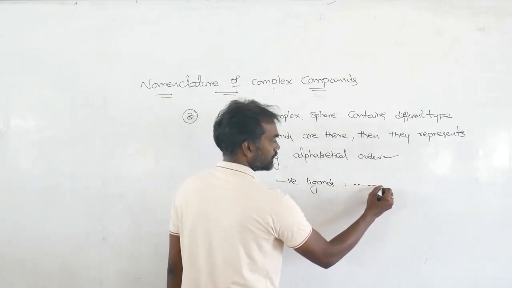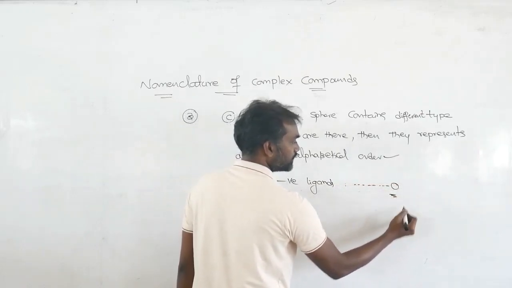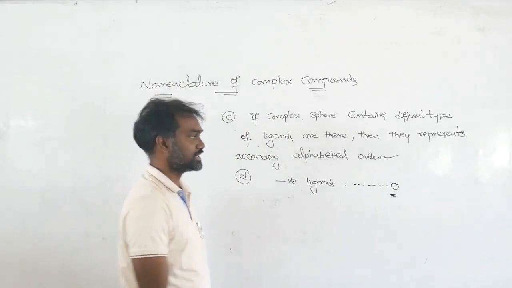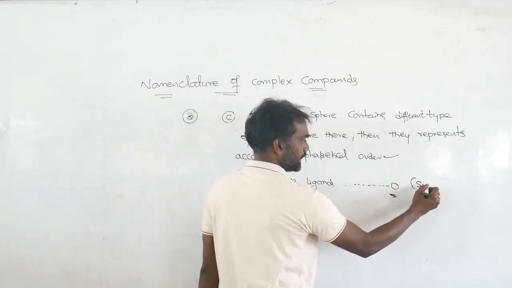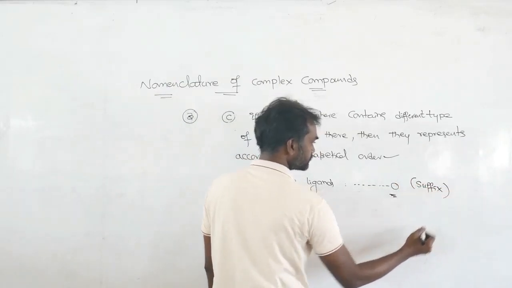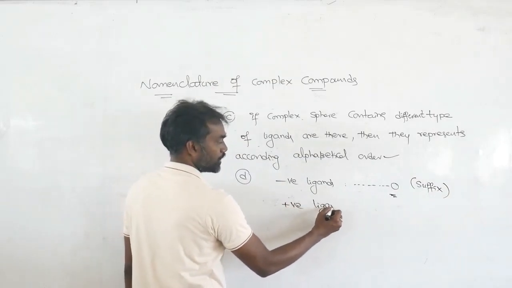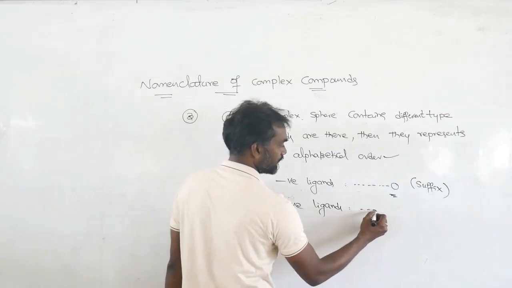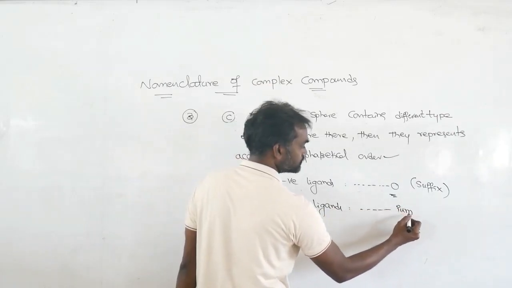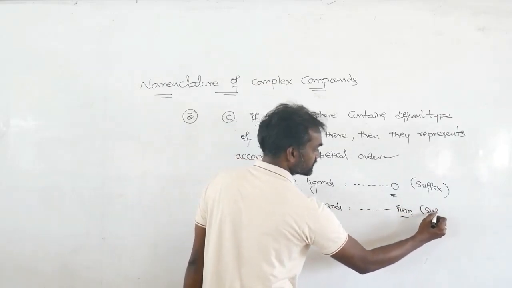Another point: negative ligands end with O as a suffix. Next, positive ligands end with -ium as a suffix.